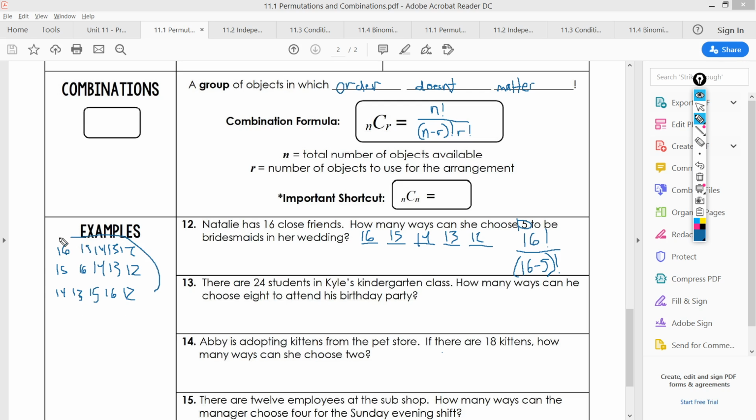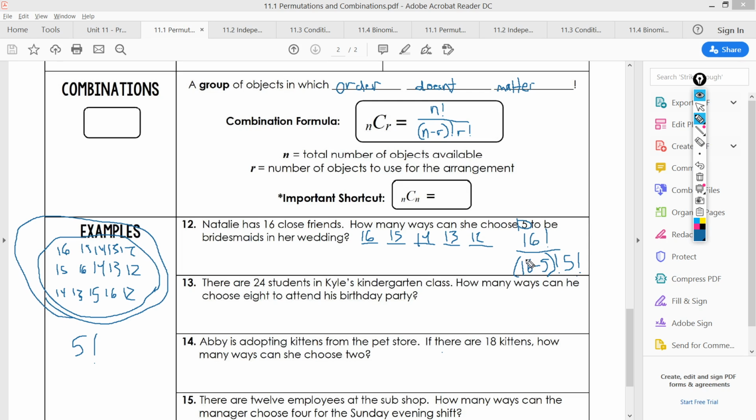It doesn't matter what order these are all picked. So I have to get rid of the concept of ordering. To get rid of the concept of ordering, I have to think about how many ways these can be organized, because I don't care about the differences in the orders. Well, how many ways can I organize 5 things? Isn't that just 5 factorial? Which is our r right here, r factorial. So this is also divided by 5 factorial.